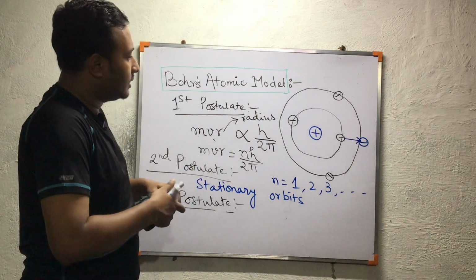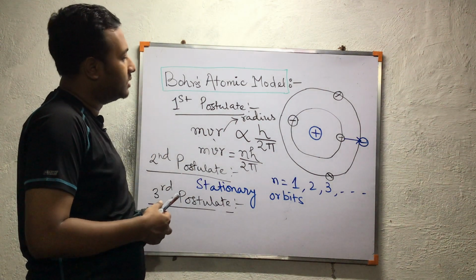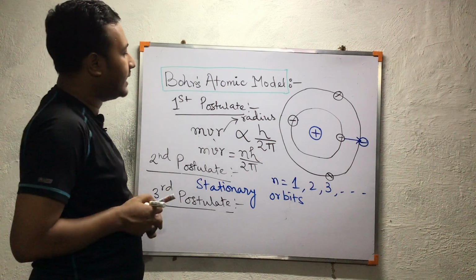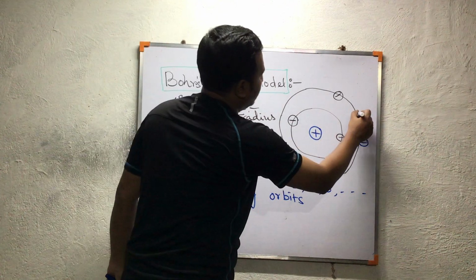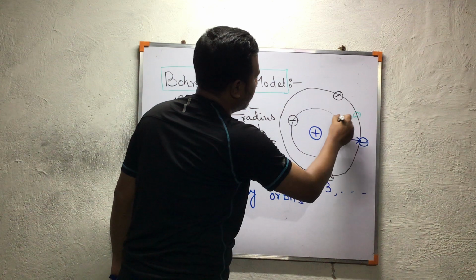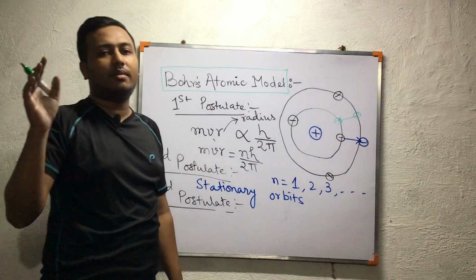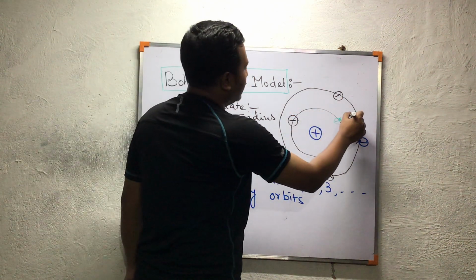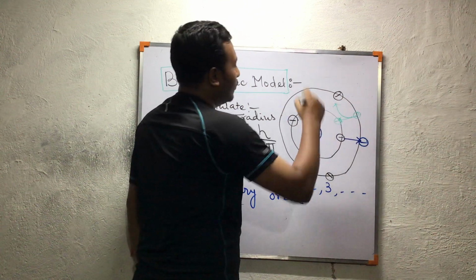And when an electron jumps from a higher energy level to a lower energy level, it emits some energy, and this energy is available in the form of waves.